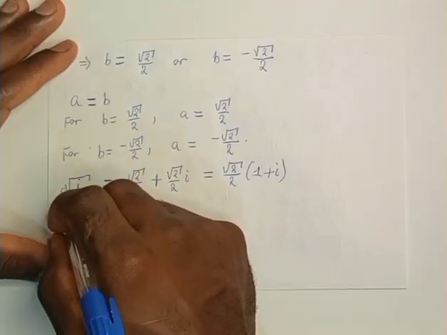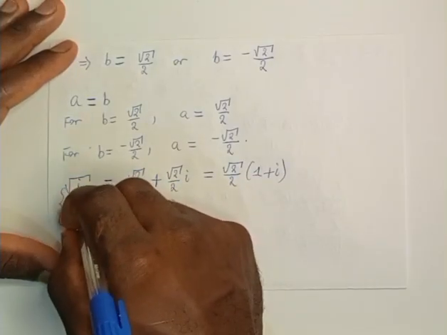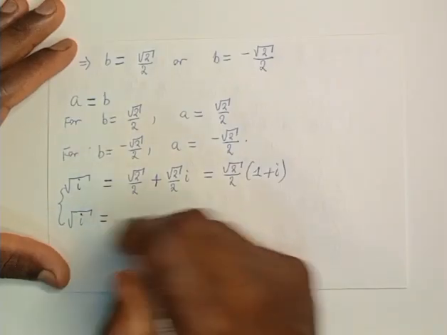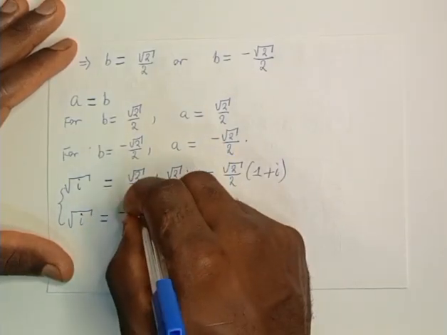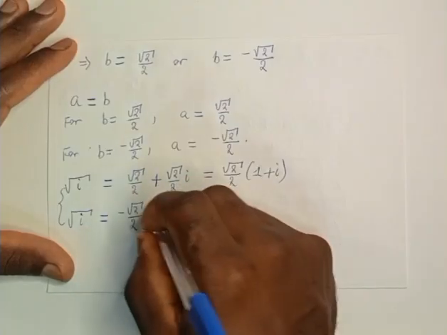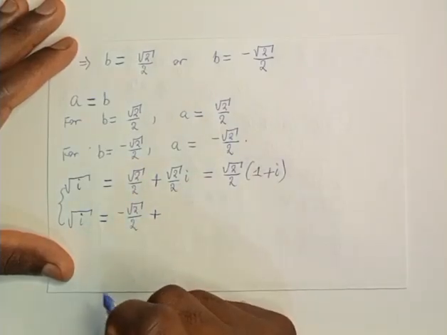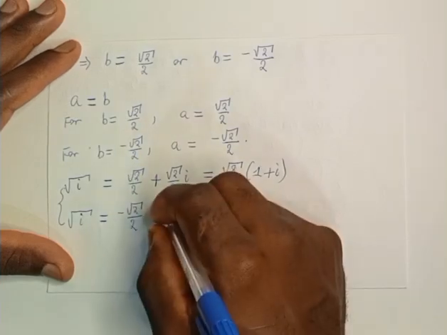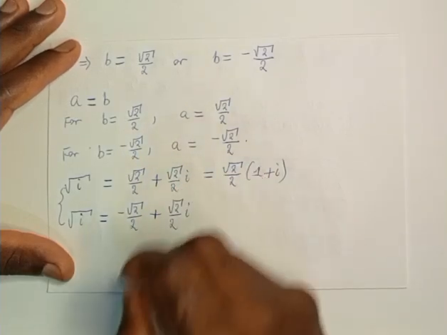Then we write down the second square root. The second square root of i will be equal to a equal to negative root 2 over 2, negative root 2 over 2 plus, we replace b with negative root 2 over 2 times i.